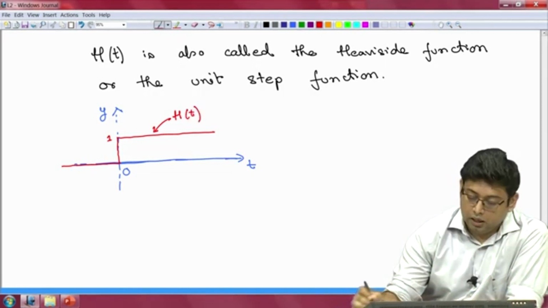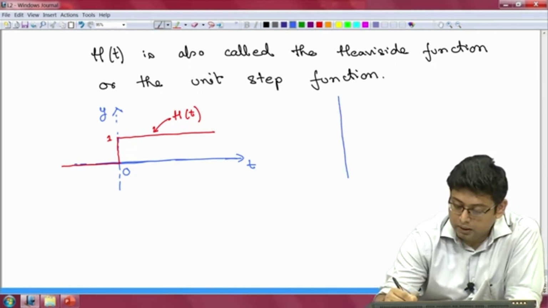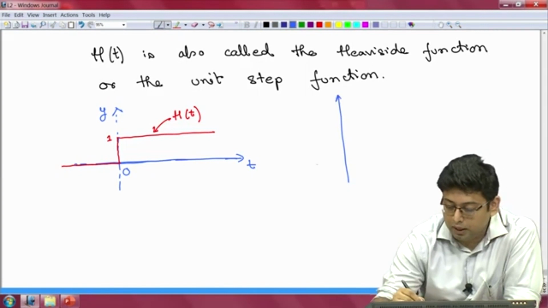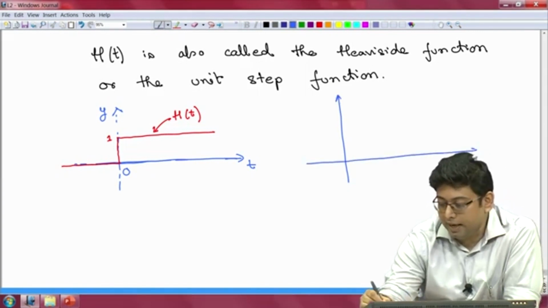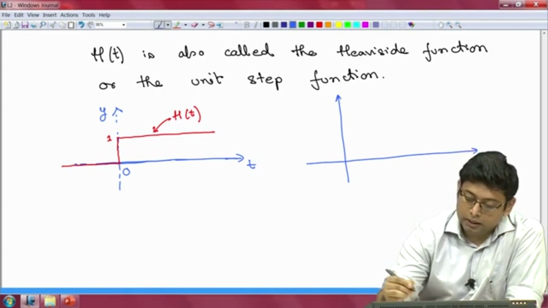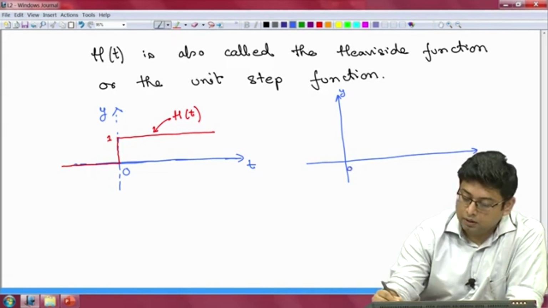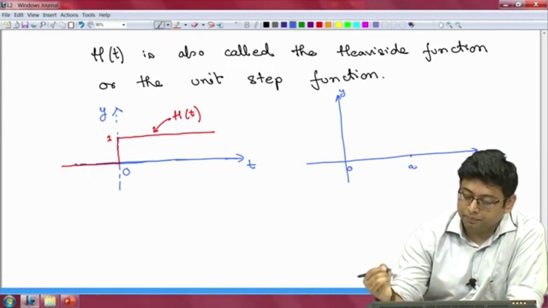Now, since we are doing this graphical representation, we might as well continue and just quickly look at what h(t minus a) looks like. So, we are still going to draw, this is t, this is the y axis, this is your 0, and somewhere here is a.